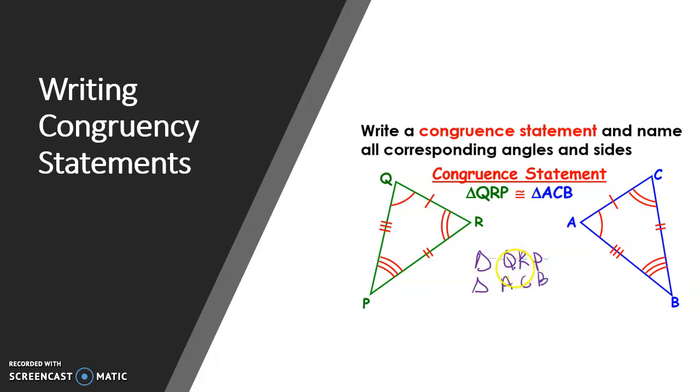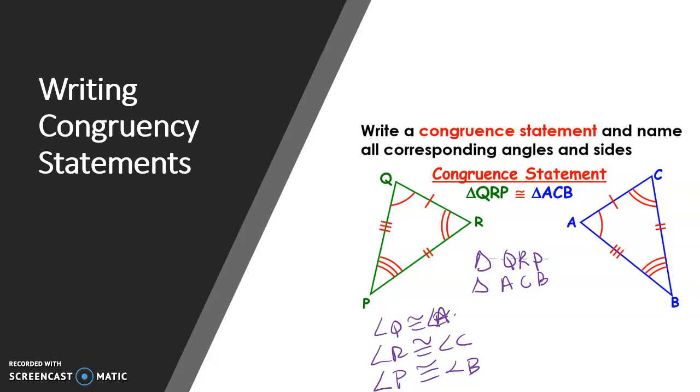So this is showing me that Q is congruent to A, R is congruent to C, and P is congruent to B. So there's all of my angles. So I would say angle Q congruent to angle A, angle R congruent to angle C, angle P congruent to angle B.